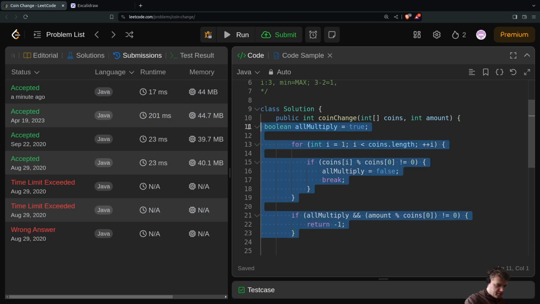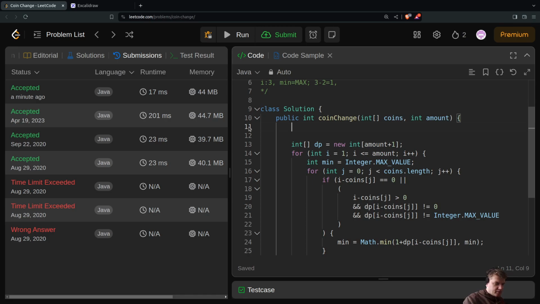Or I can write it by myself. So let's say I want to have for int i equals 0. Let's say for int j equals 0, j less than coins length, j plus plus.